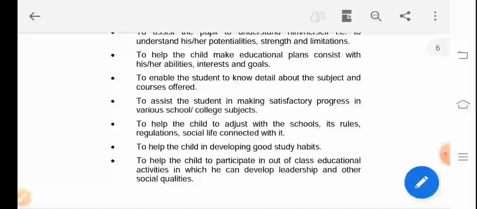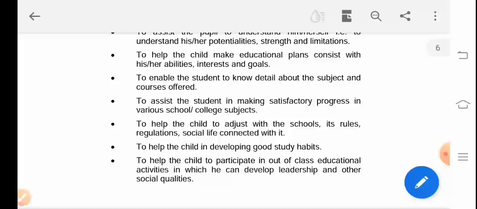It helps the child in developing good study habits and to participate in out of the class educational activity in which they can develop leadership and other social qualities. Learning beyond the classroom is one of the important emphasis areas or critical areas in the 21st century.